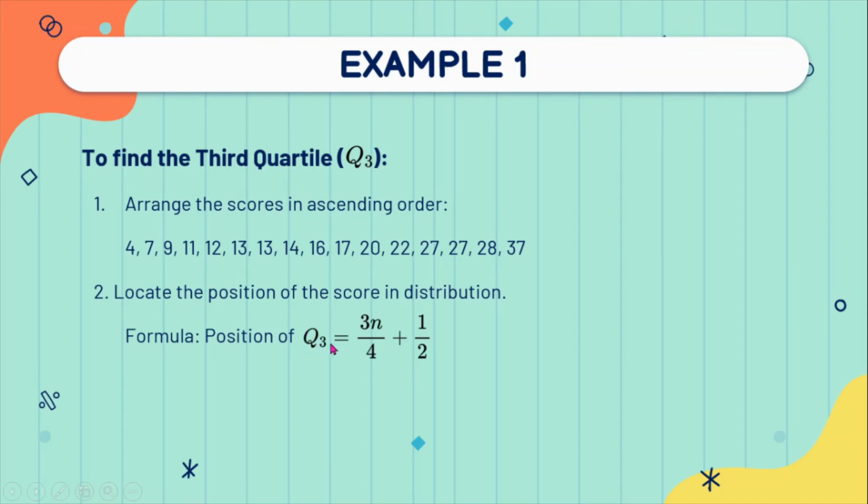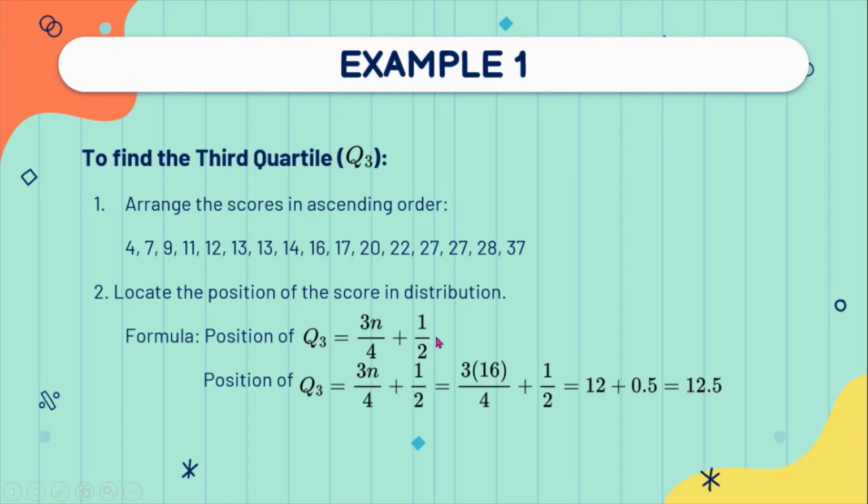Therefore, Q sub 3 is equal to 3n over 4 plus 1/2. The position of quartile 3 is equal to 3n over 4 plus 1/2, which is 3 times 16, since the number of scores here is 16, over 4 plus 1/2. This one is 12 plus 0.5, so that is 12.5.